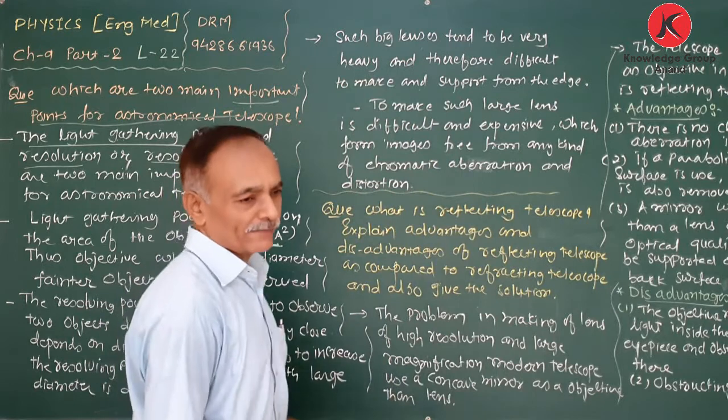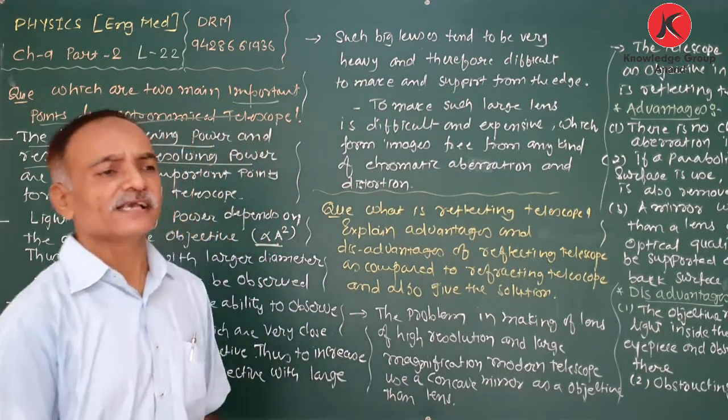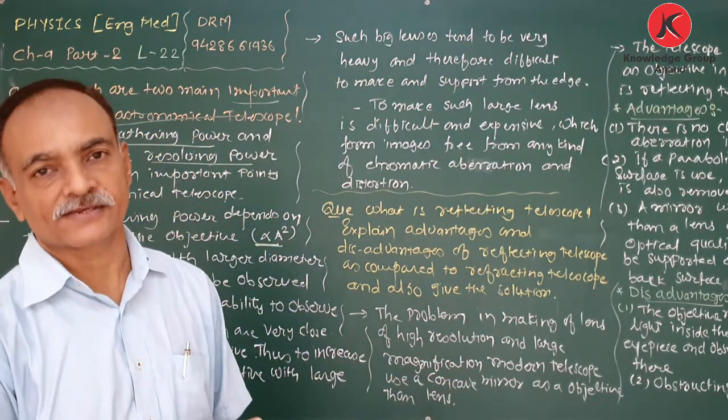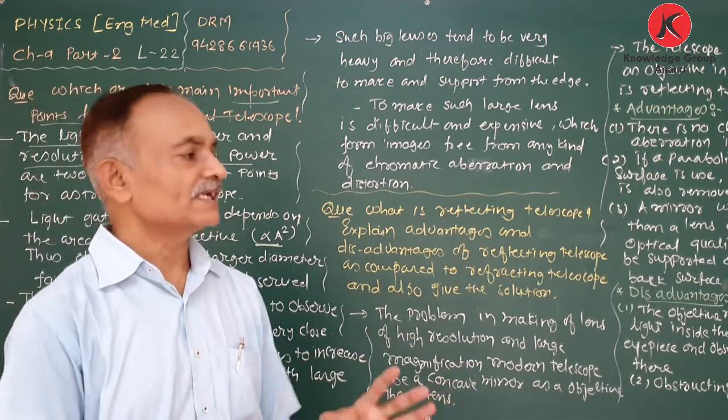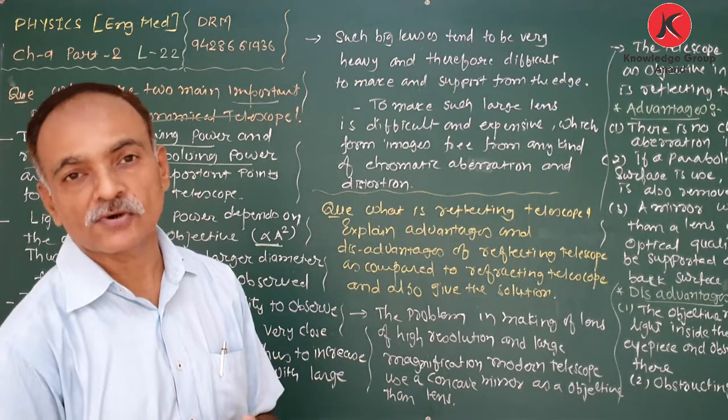Now, what are the problems? As we increase the diameter of the objective lens, the weight of the objective lens with the larger diameter also increases.